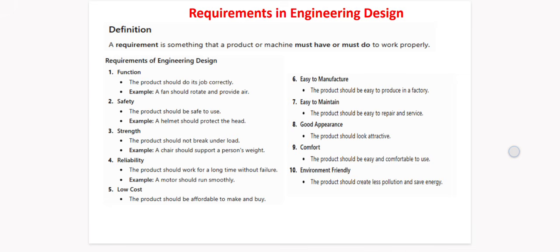The product should be easy and comfortable to use. And finally, environment friendly. The product should create less pollution and save energy. These are the important 10 requirements to create engineering design products.